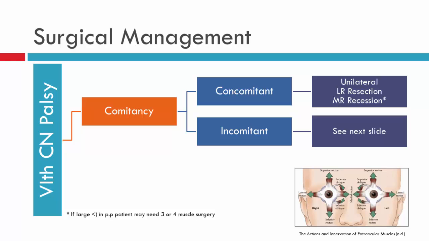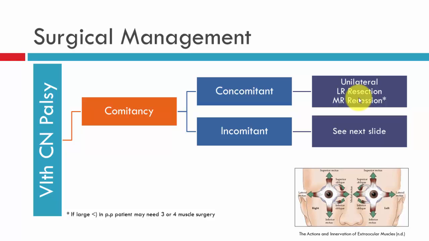Now, moving to determining whether there is a field of gaze where the deviation is greatest, and if not, what do we do? So essentially we're looking at competency. Does the patient have a concomitant deviation versus do they have an incomitant deviation? If they have a concomitant deviation, so the esotropia in primary position, right gaze and left gaze is relatively the same, then it is safe to resect the lateral rectus and recess the medial rectus.